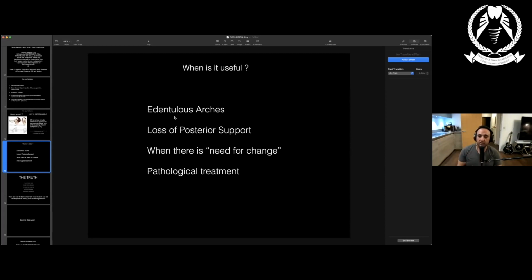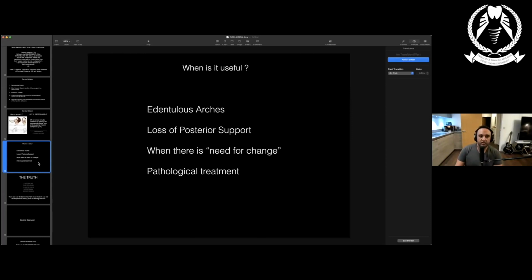So one of the things on our assessment forms is we look at the interarch clearance between the maxilla and the mandible and make sure that there's enough space for your restoration to go in. So you've got to consider that, or you're just prepping these things down, which then brings us on to the topic of Dahl, which I think I've got some slides on later, which I'll explain.